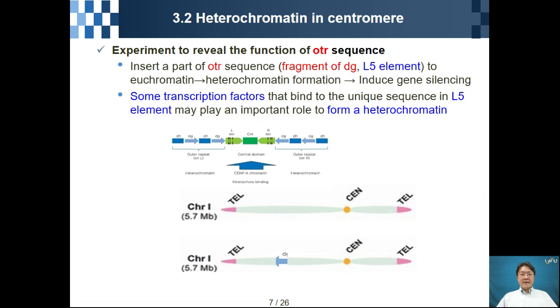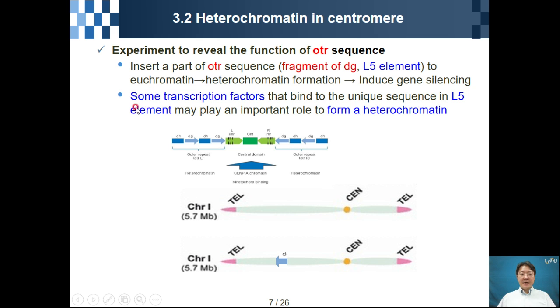In this slide, I will explain the experiment to reveal the function of the OTR sequence. In the previous slide, we learned that the outer region is composed of the outer repeats, and each outer repeat is composed of DH and DG sequences. But we don't know the exact function of these sequences.